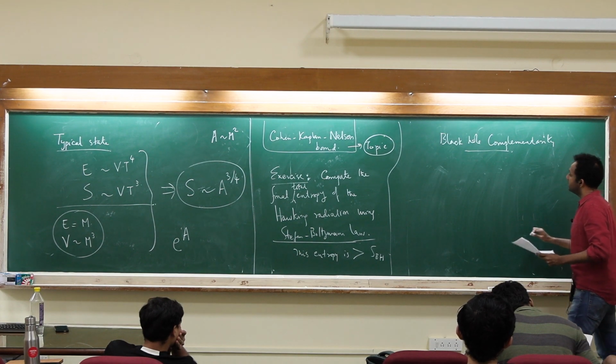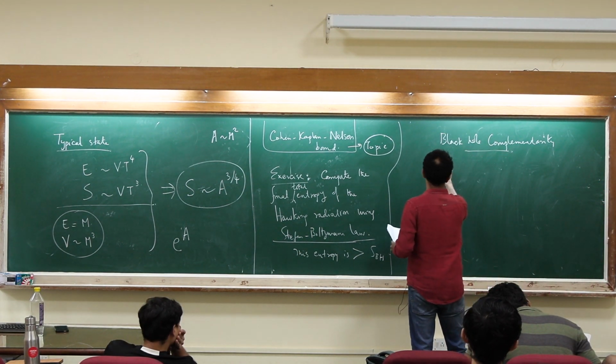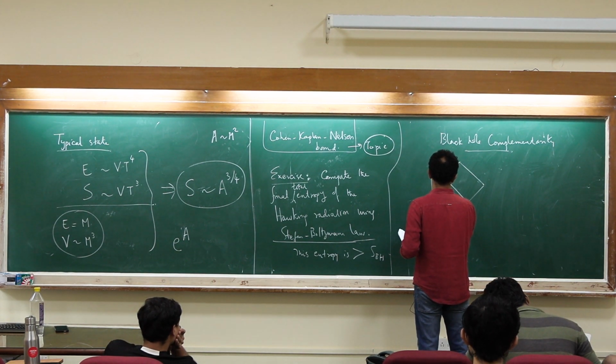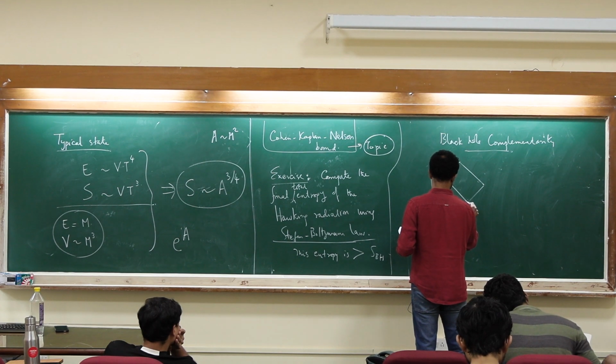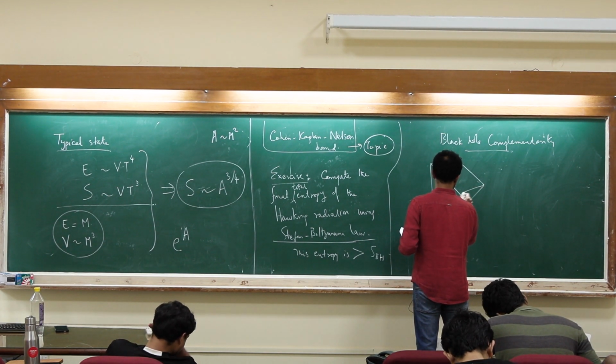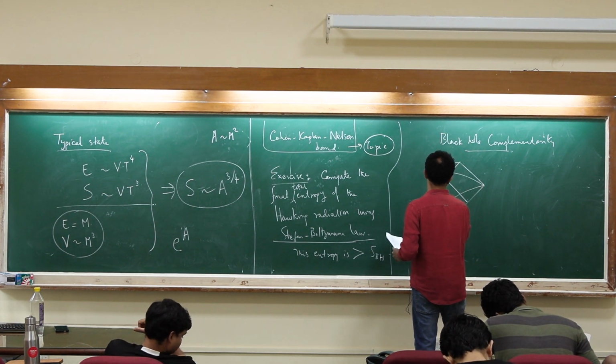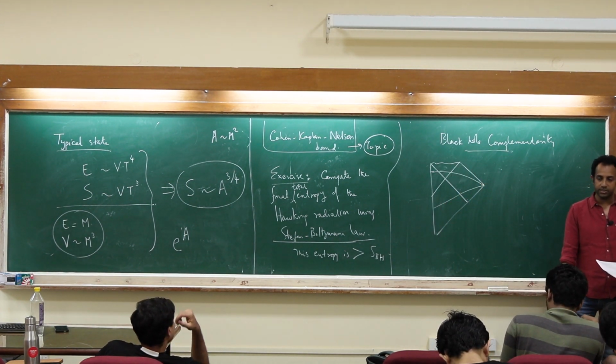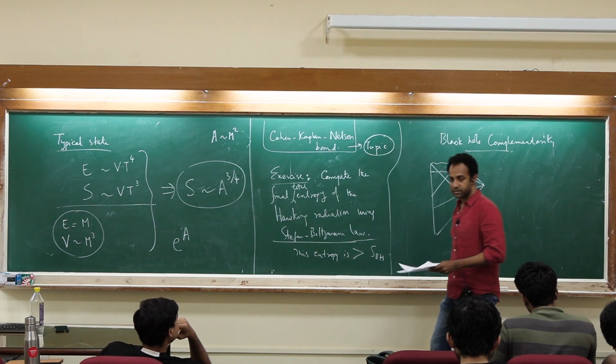I think we have seen pictures of this kind before. There is a collapsing shell, and these are the Cauchy slices in the space-time. Cauchy slices means some equal time slices.